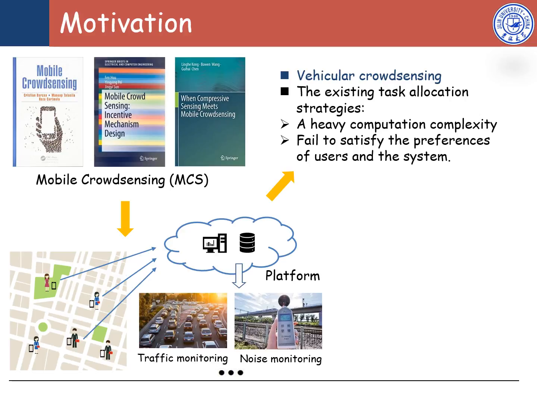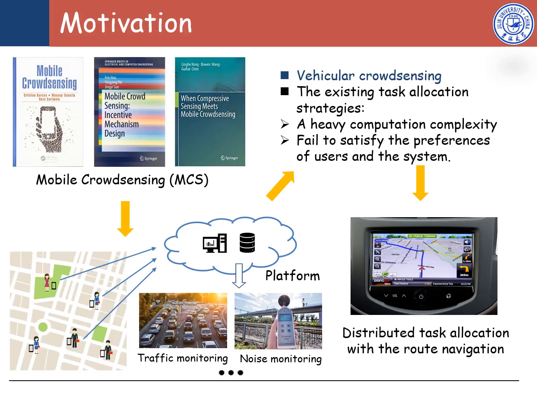For example, a user may be unwilling to deviate from the daily route to perform a remote task. Considering the drivers usually utilize the map navigation systems, we are inspired to consider a distributed task allocation with the help of the route navigation.